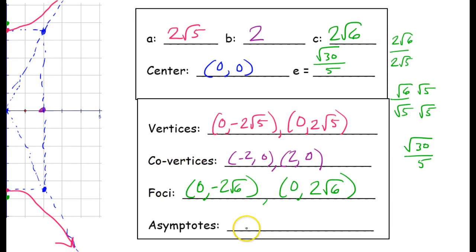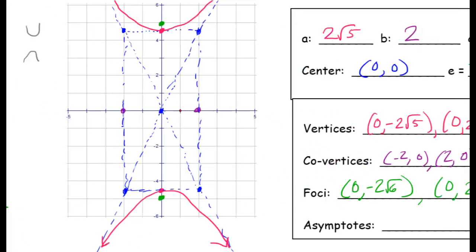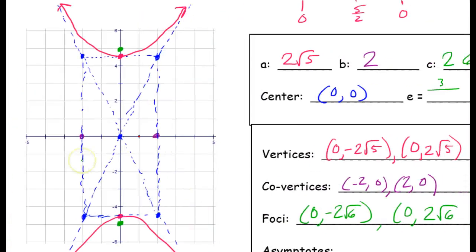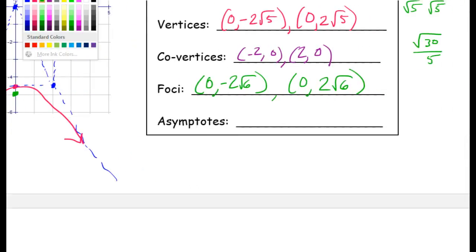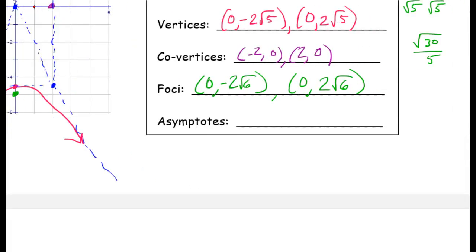Now we need the equations of the asymptotes. So remember, here's a model for the equations of the asymptotes of any hyperbola. y minus k is equal to plus or minus m times x minus h. Now this x minus h and y minus k should be looking familiar because the h and k are the center like they always are.